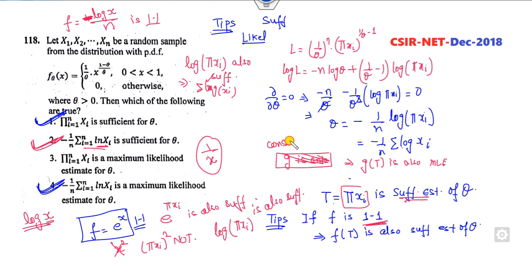If you want to prove that, every MLE is also a consistent estimator. And if you take any onto function, then g of this is also a consistent estimator. But the converse is not true. So that option is cancelled out. So the right answers are A, B and D.